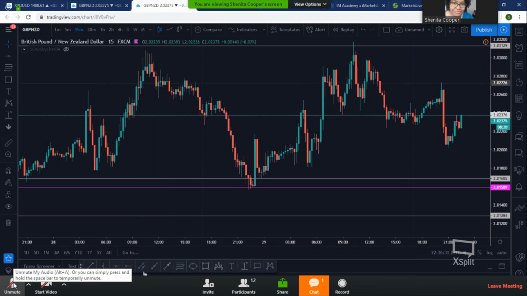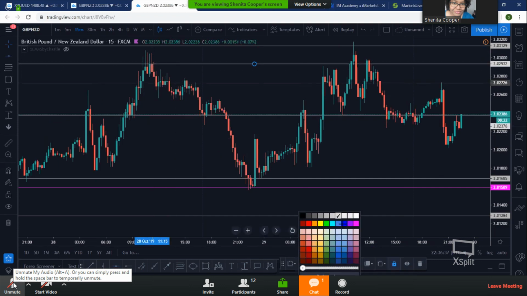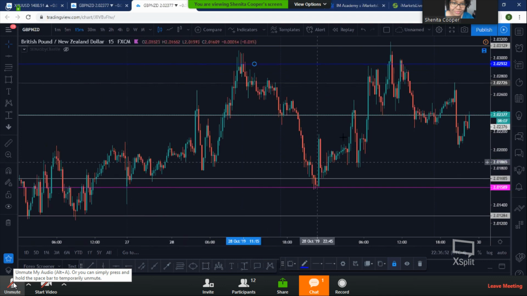So to be on the safe side, my take profit would have been there. That was the high of the previous day. So you just worked off the low of the previous day and made your way up to the high of the previous day. All because of this double bottom.